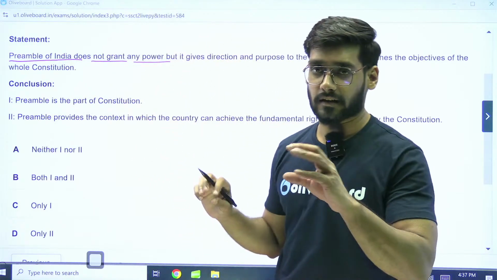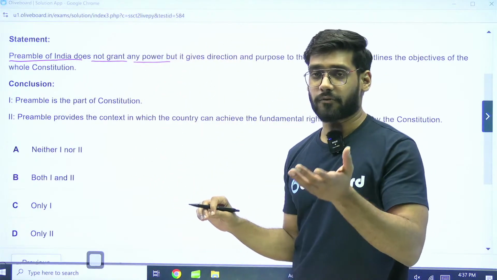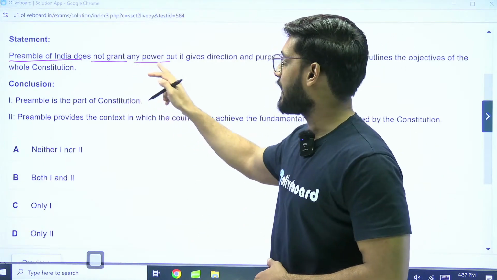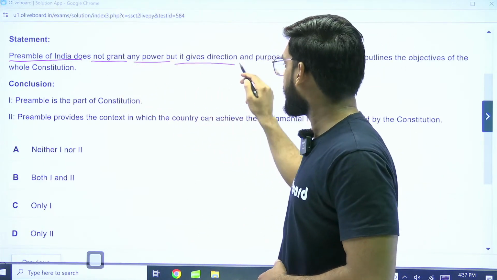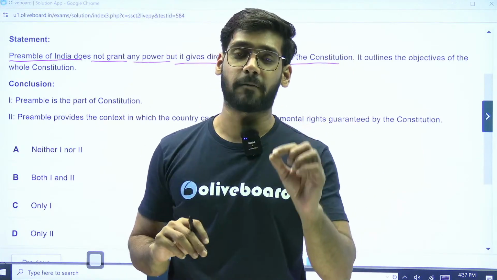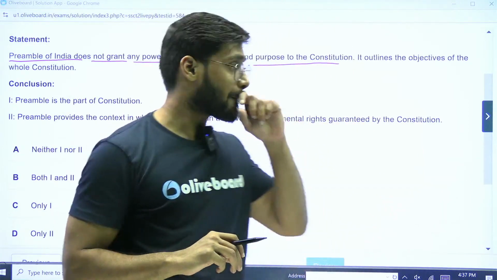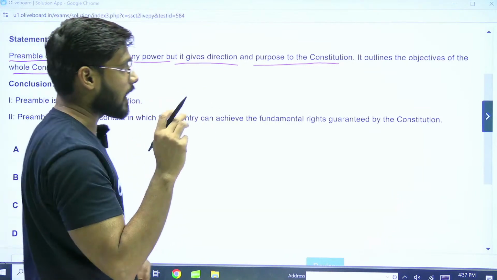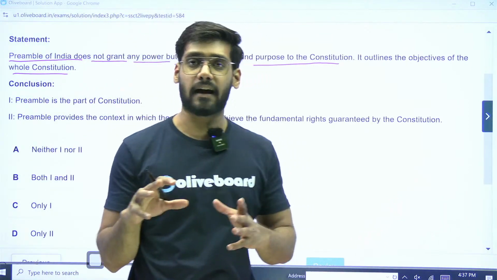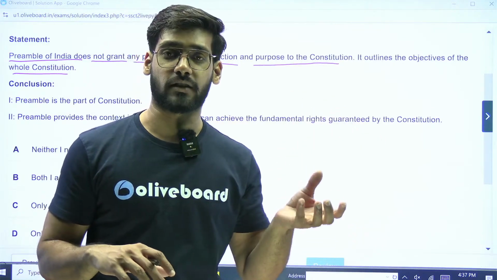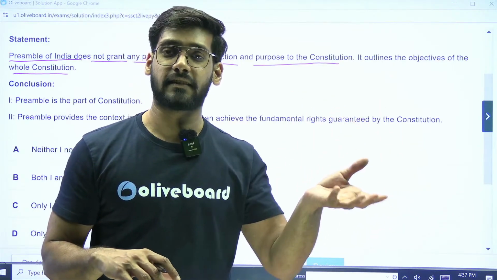This is about our preamble, which defines that it does not grant any power, but it gives direction and purpose to the constitution. It outlines the objectives of the whole constitution, the laws and things that are written in the constitution.